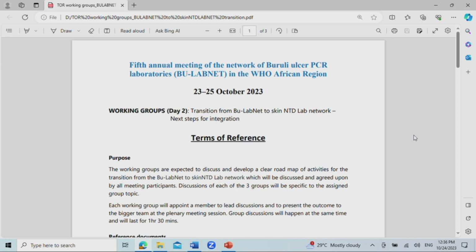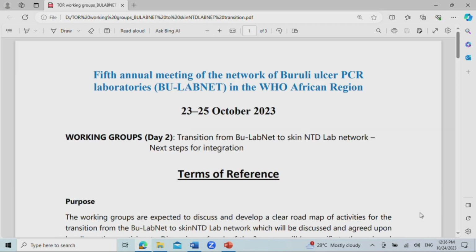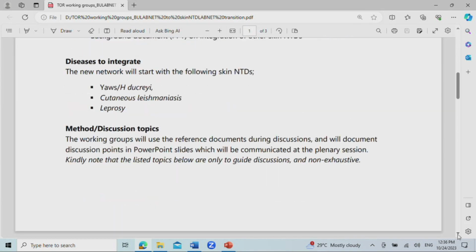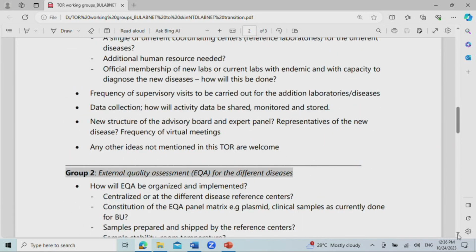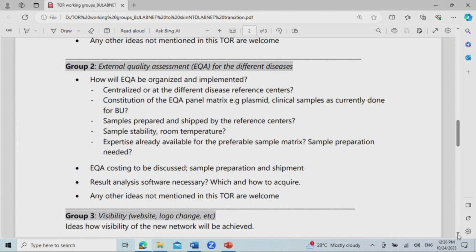Group 2 will be downstairs to discuss. If we have to go to skin entities, we also have to think about external quality assessment for these different diseases. How will this EQA be organized and implemented at the central level? Michael, are you in group 2? EQA, probably, okay.